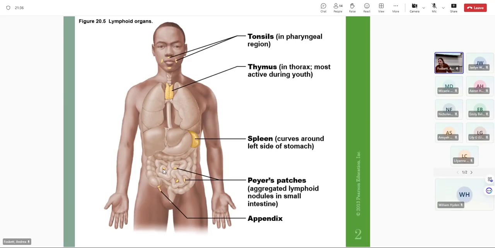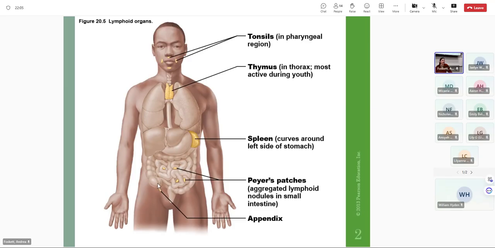And then you have these congregates of lymphoid cells called Peyer's patches, associated with the small intestine. You're going to see this mostly in the distal portion of the small intestine, in a region called the ileum. This is also another screening point for any bacteria or contaminants within the food as it passes through the entire digestive tract. At the junction of the small and the large intestine, you have the organ called the appendix.